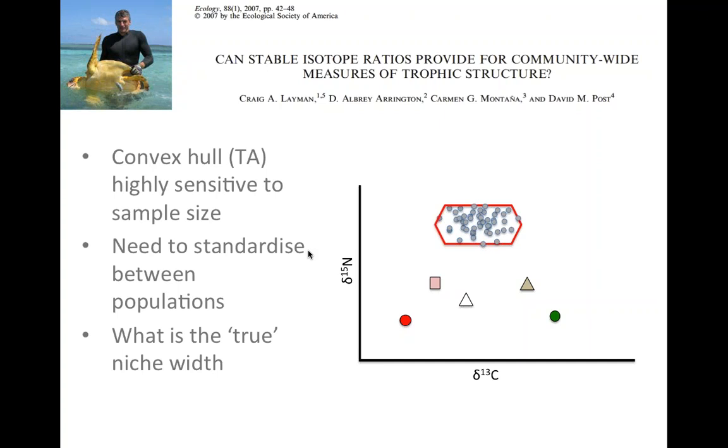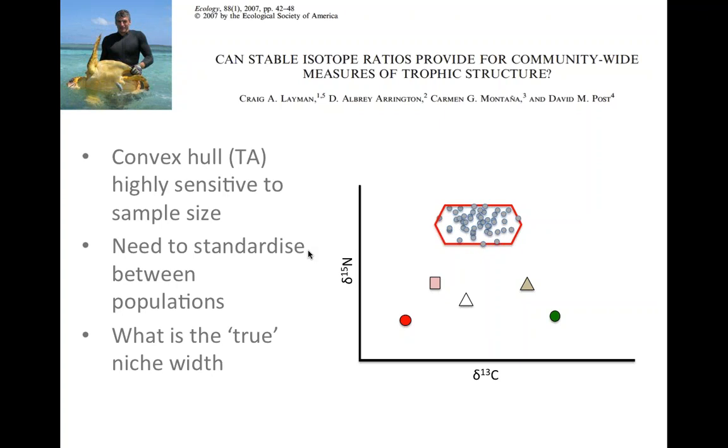You're inflating that value, and it's got nothing to do with whether that population is feeding on more resources. You're just including more outliers and more variability, so you get an increased niche width. So you need to standardize your sample size before doing any of these calculations, certainly if you want to use this convex hull approach.